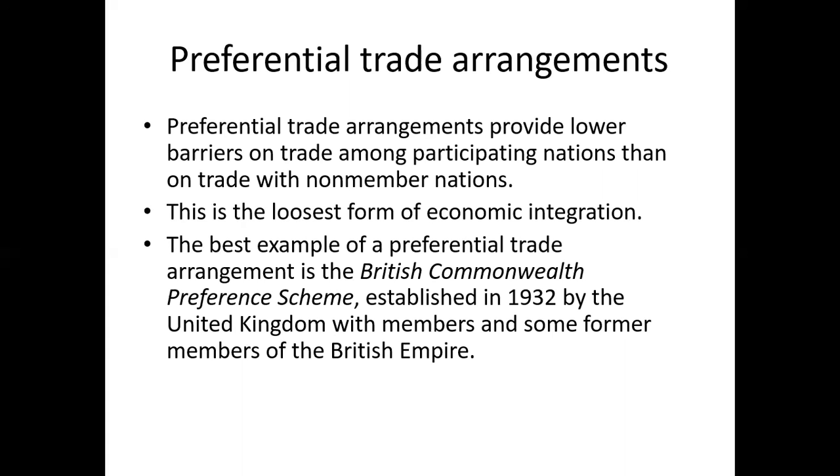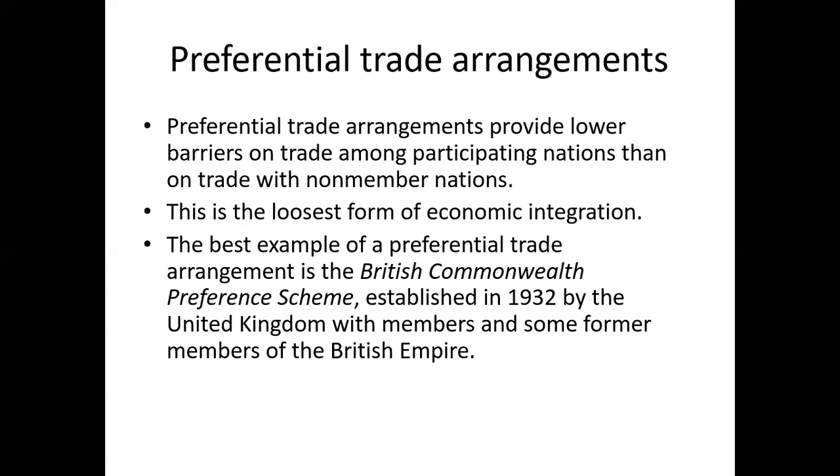Take the example I have just given, of India, Pakistan, and Sri Lanka forming a preferential trade agreement. India, Pakistan, and Sri Lanka will try to lower barriers on trade among these three nations.